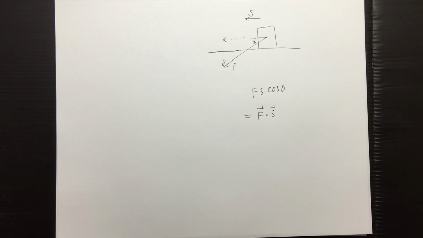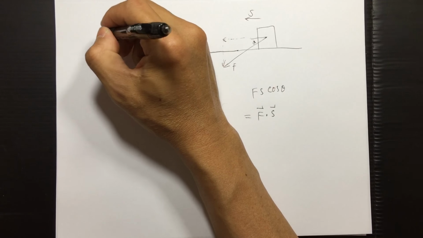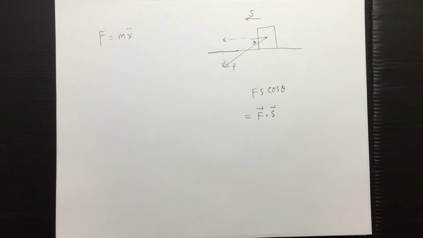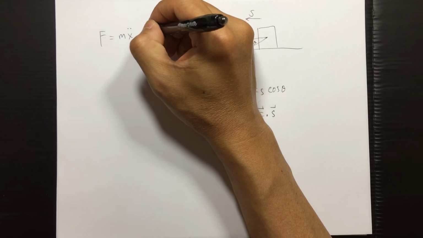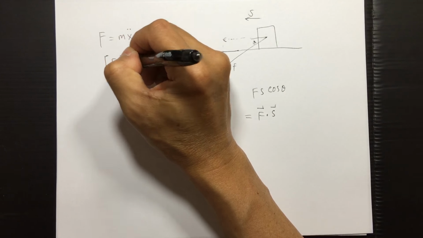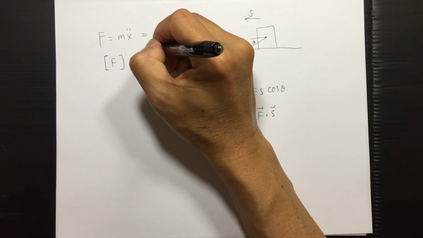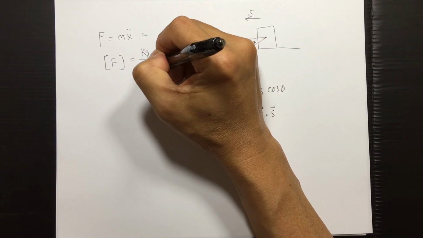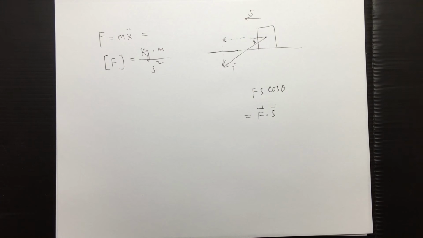For instance, the force equals m times acceleration. What's m's unit? Grams? Kilograms. So it's kilogram. The unit of force is kilogram, then meter, then second square.